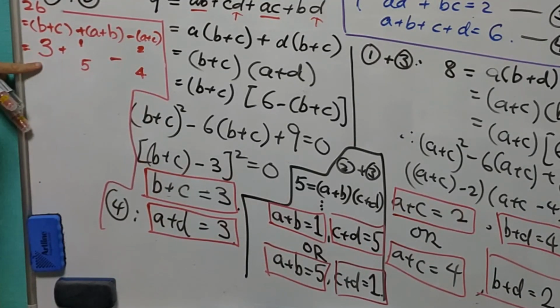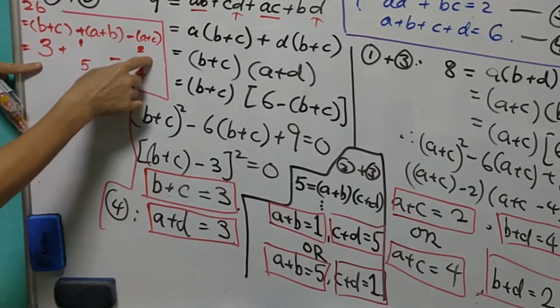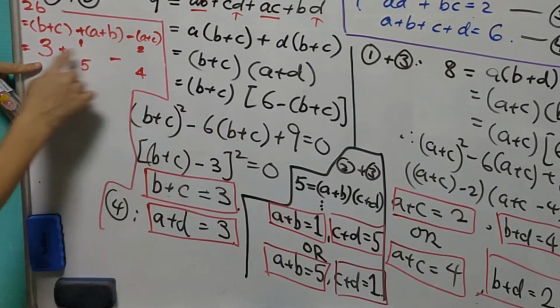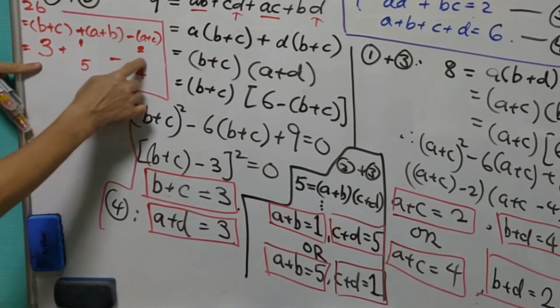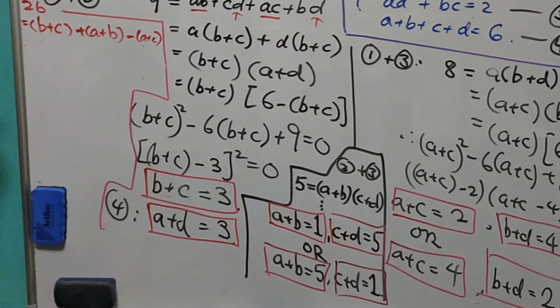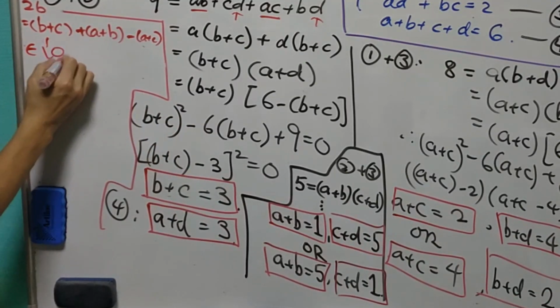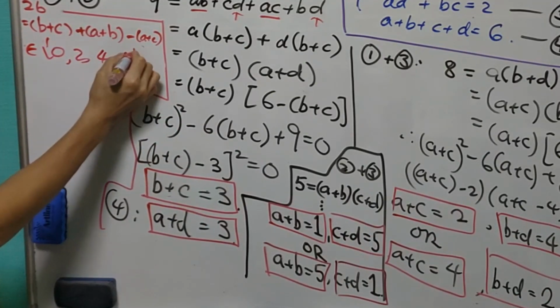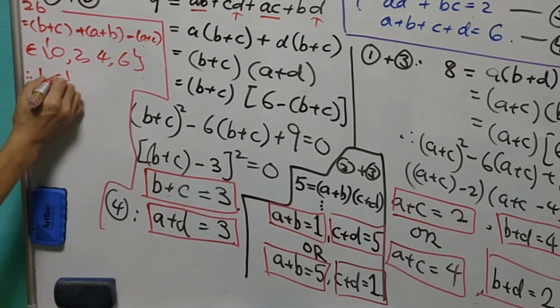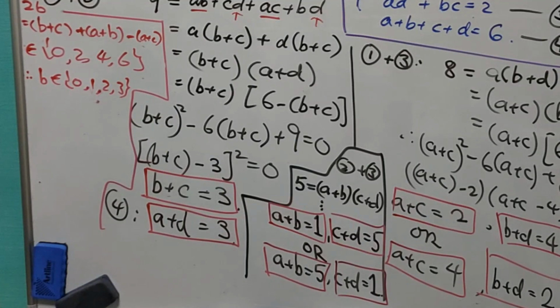So we get 2, 0, 6, or 4. So 2B is either 0, 2, 4, or 6, which means that B itself is either 0, 1, 2, or 3.